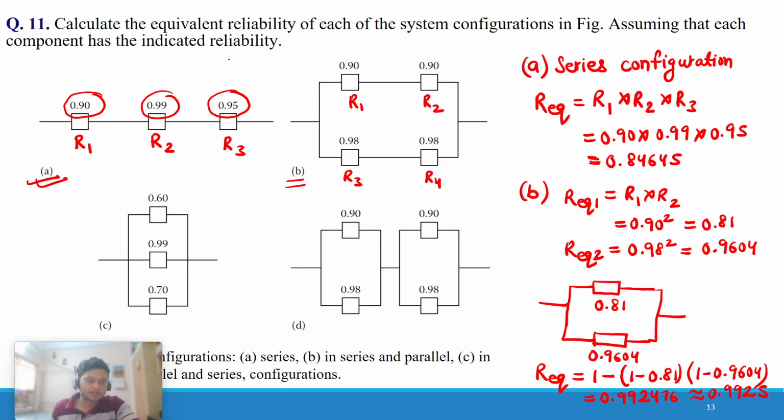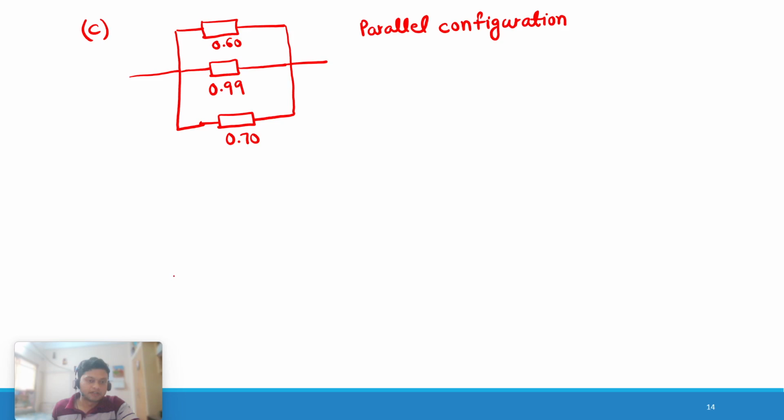Yes, 0.60, 0.90 and 0.70. R equivalent will be 1 minus, for each component, 1 minus 0.60, then 1 minus 0.99, and then 1 minus 0.70.